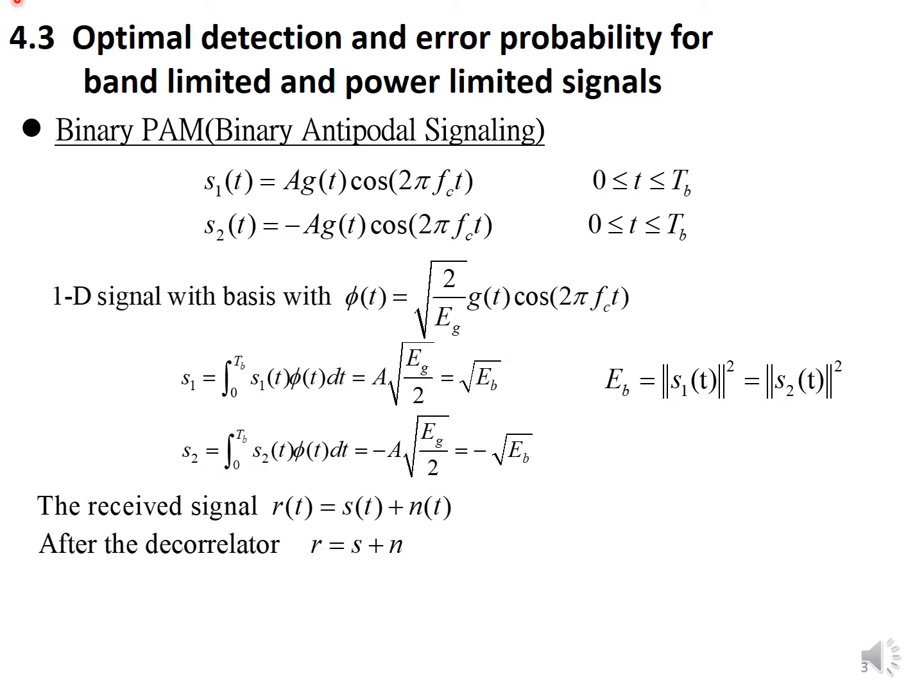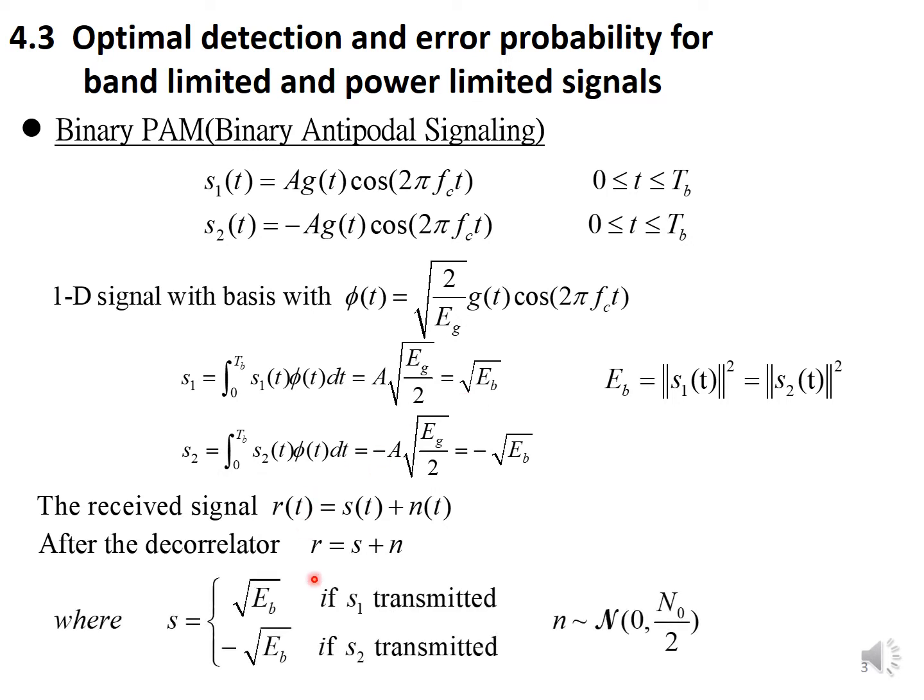Here the received signal is r equal to s plus n, and this s is antipodal. That means it's binary, with positive or negative square root of Eb if s1 or s2 is transmitted.